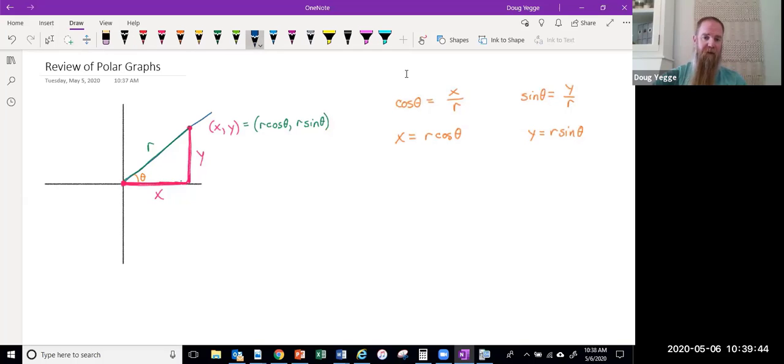Because if we wanted to look at this in terms of walking straight out to a point, the most obvious way to get from one point to another is to turn the direction you want to turn and then just walk out. It seems much more reasonable in terms of how to get to a location in space than walking along the x-axis and then the y-axis. So this is one reason why polar curves or polar representations are often helpful.